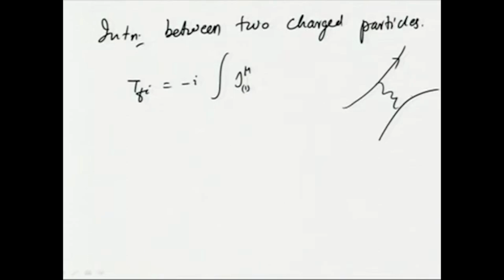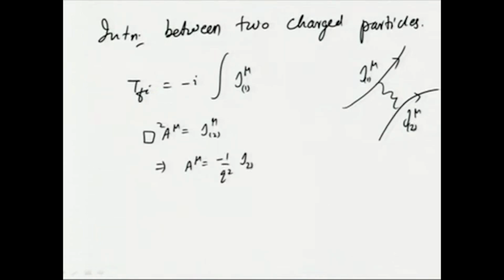We can take j1 mu, j2 mu, and del square A mu equal to j2 mu. This is just to remind you, and that gives A mu equal to minus 1 over q square j2 mu, which is what we had earlier.